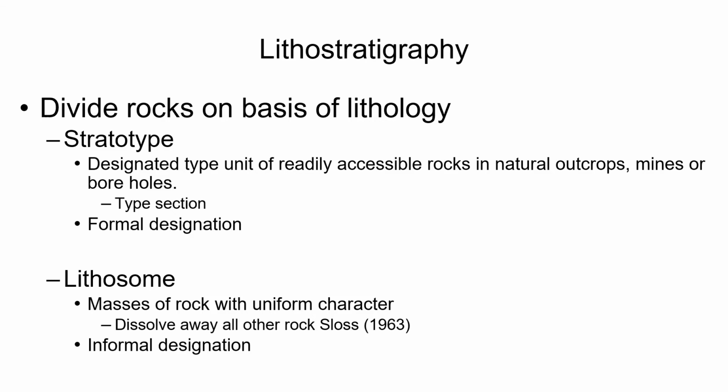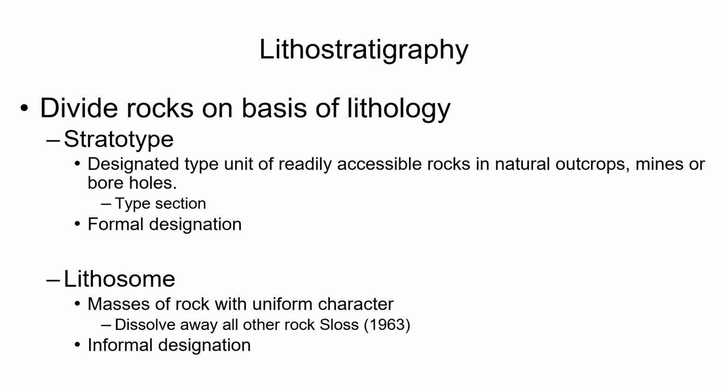This is the location to which other units are compared. So if you pick a geologic formation, which we'll talk more about in a little bit, everywhere that extends is compared to the type locality where it was first described. So a stratotype is a formal designation.